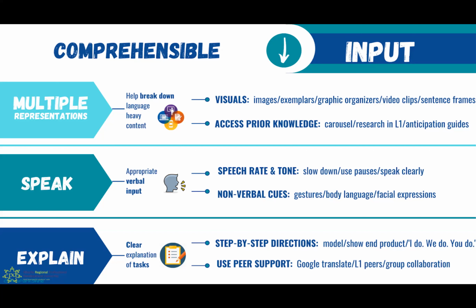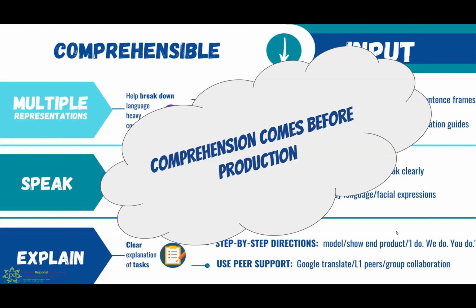Did I give you step-by-step directions, modeling, showing the end product, and also using some peer support? So thinking of some of those ideas as well. And just remembering that comprehension comes before production. So in order for students to be able to share what they're thinking, they need to understand what's being asked of them and what they're supposed to be focusing on.